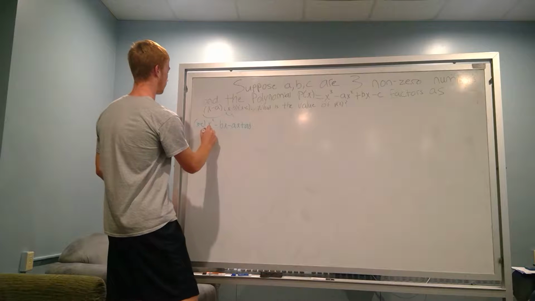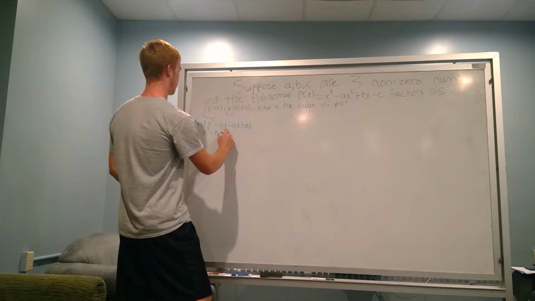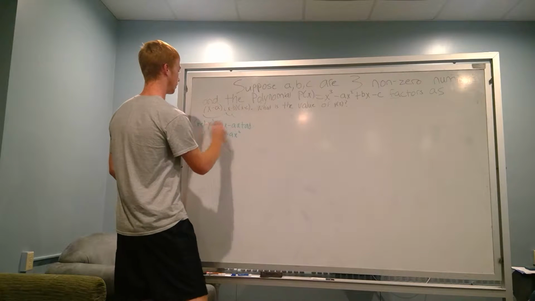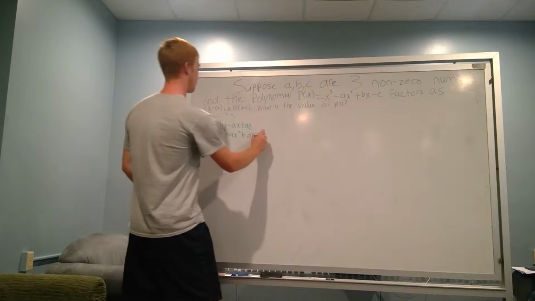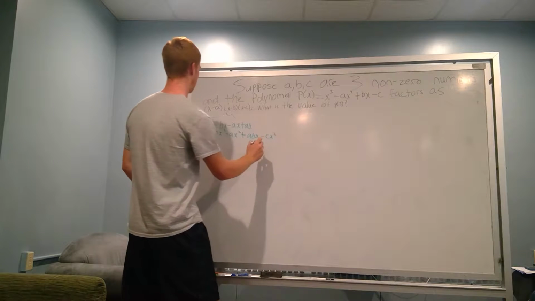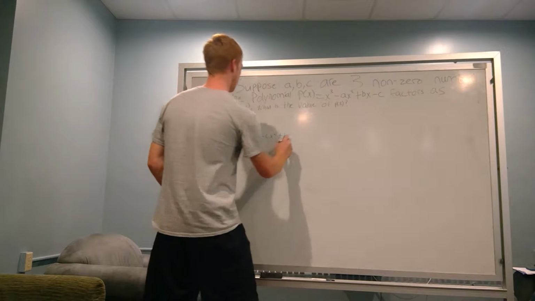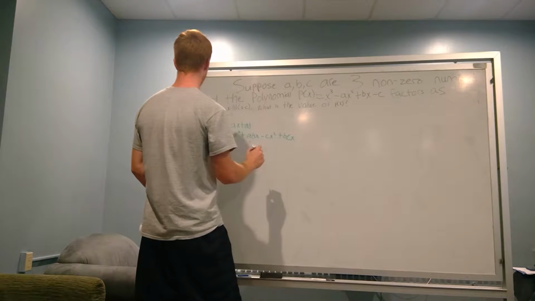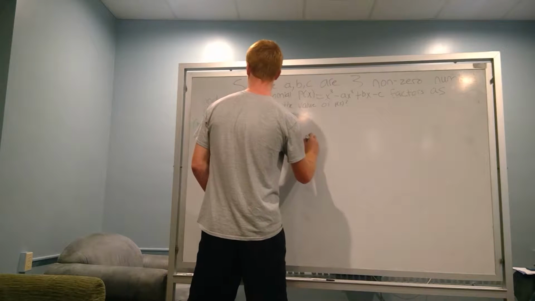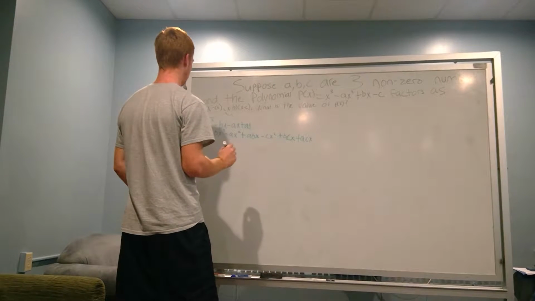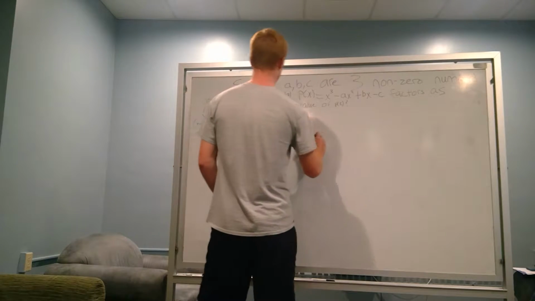So we get x cubed minus bx squared minus ax squared plus abx minus cx squared plus bcx plus acx minus abc.